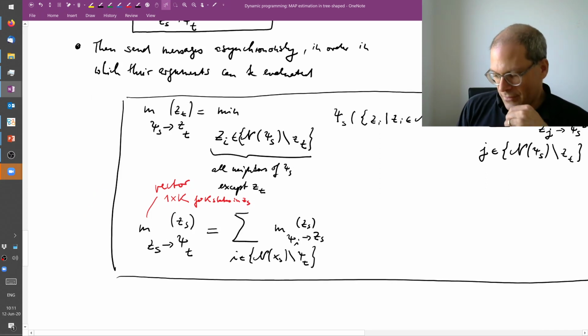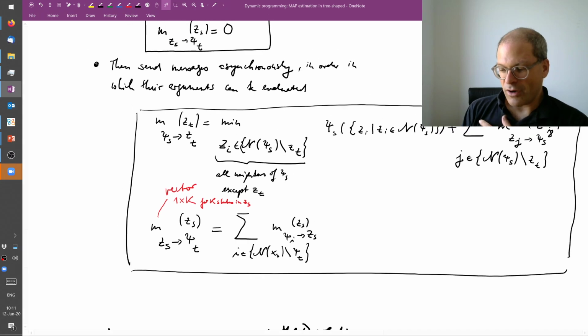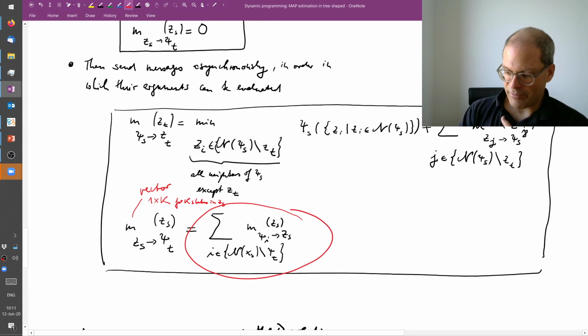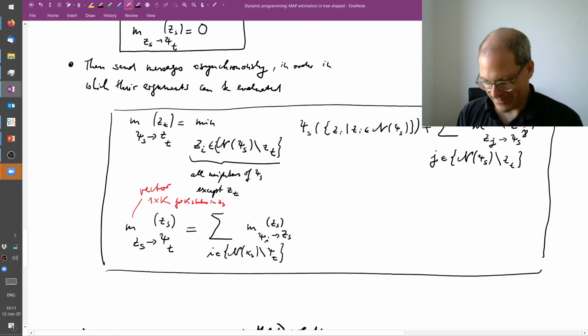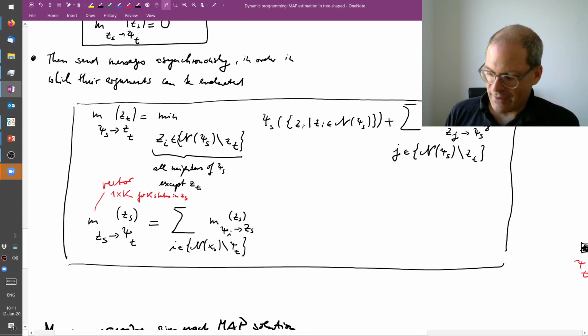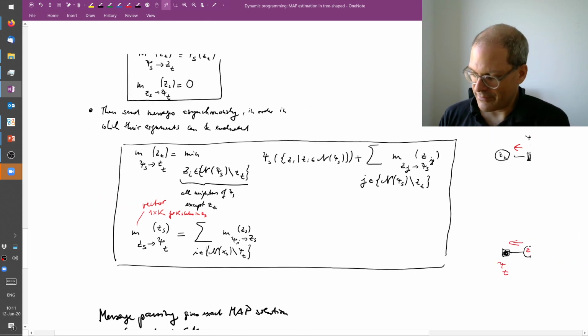All right, and these costs, how are they accumulated? They are simply being added up. So the important thing is that we have a summation here. Let's look at what is being summed over. Let's look at this notation here. We sum over all the messages from neighboring factors psi i towards variable zs.